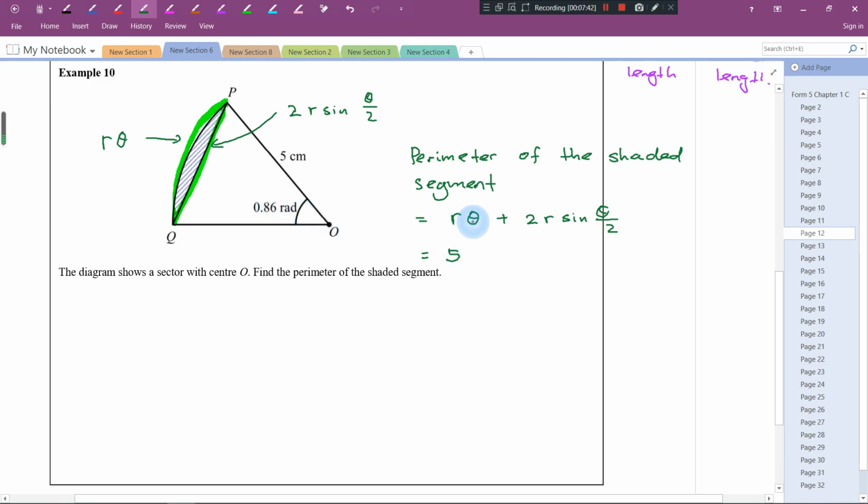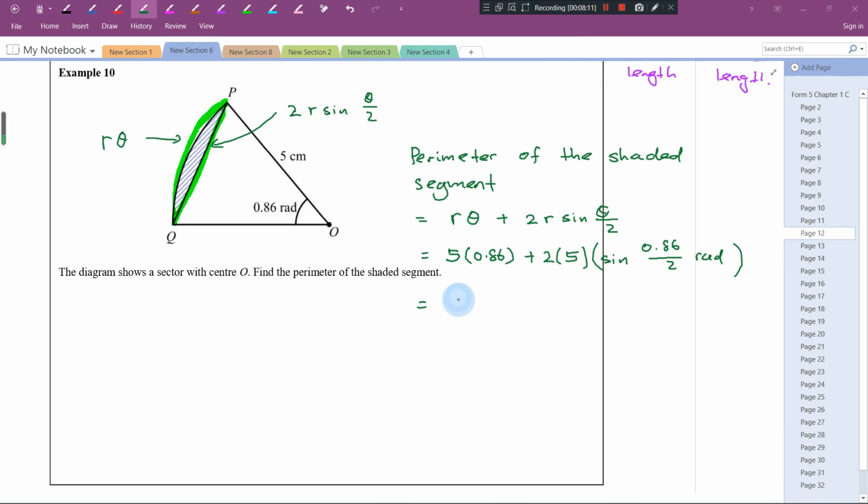Theta, which is this one, in radian, remember, 0.86, plus 2r, radius, sine theta over 2, so it's 0.86 over 2 radian. If you do not convert it to degrees over here, when you key in your calculator, you have to be more careful.